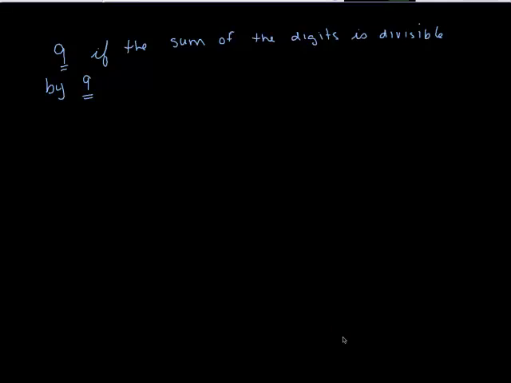Something simple. 123. Oh, let's do 126 because I'm trying to get to the answer I was looking for. So sorry. 126. 1 plus 2 plus 6. 1 plus 2 is 3. 3 plus 6 is 9. 9 is obviously divisible by itself.